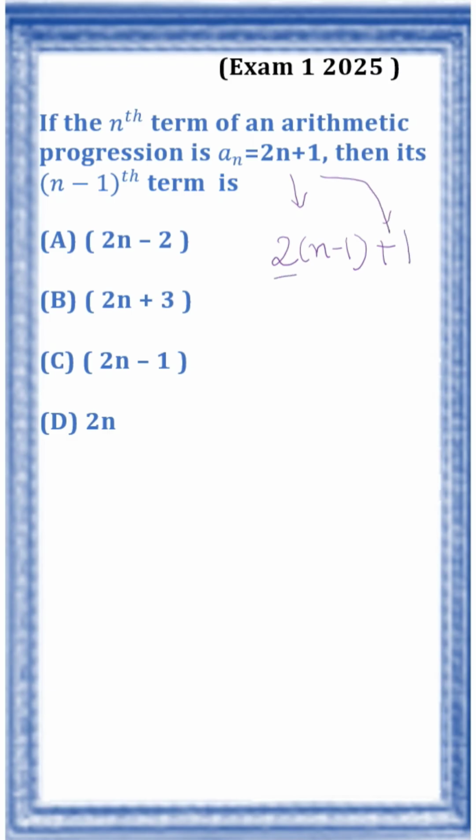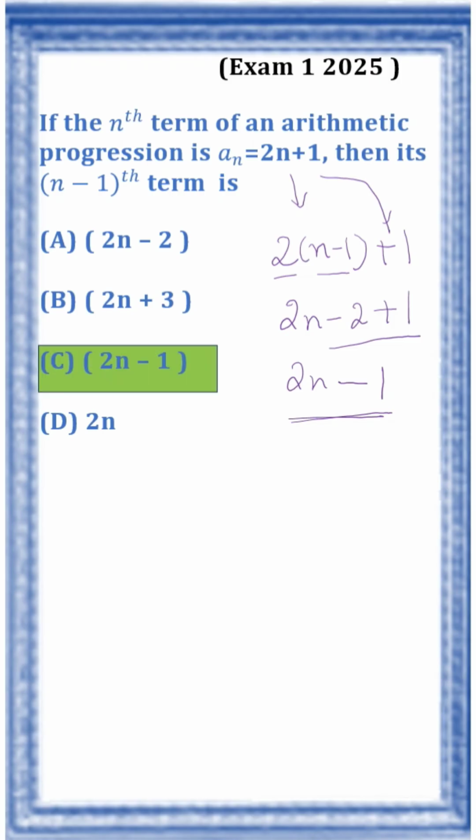Now multiply 2 and n minus 1, 2n minus 2 plus 1. 2n, these two are like terms. Bigger number has negative sign. Minus 2 plus 1, that is minus 1. So 2n minus 1 is the answer. So option C is correct.